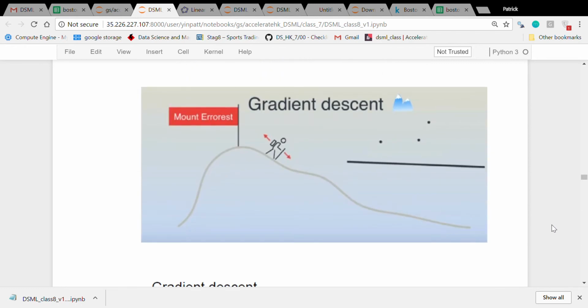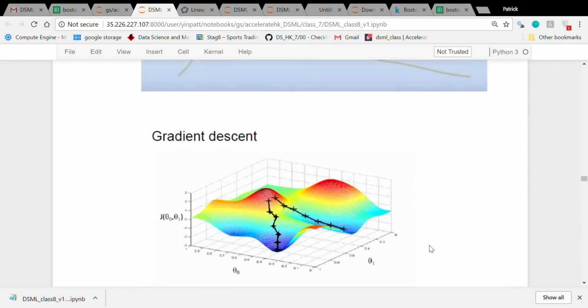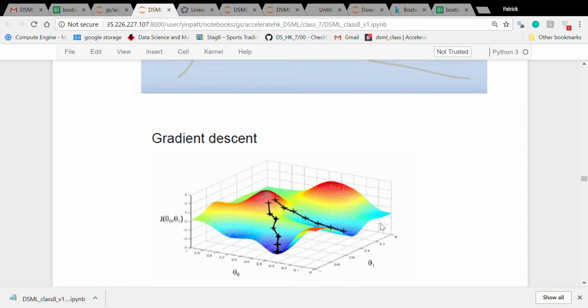If you watch the YouTube video I sent out, this is how the machine works. Let's say you're on a mountain called Mount Everest. The higher the mountain is, the more error there is. What the algorithm does is keep looking around to find the movement that minimizes the next step of error.